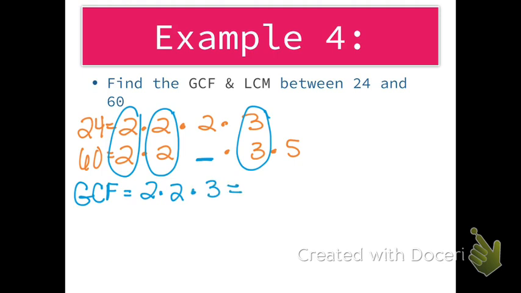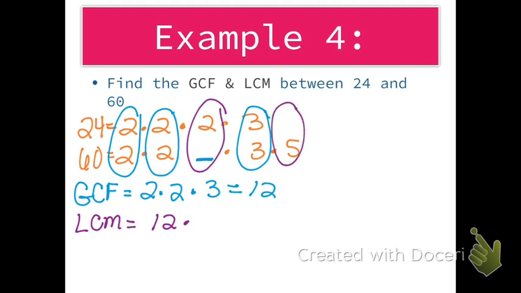So 2 times 2 times 3, the GCF is 12. And then for the LCM, you take your GCF and now you multiply all the other remaining columns. You have a column for a 2 and you have a column for a 5. So 12 times 2 times 5, our LCM is 120.